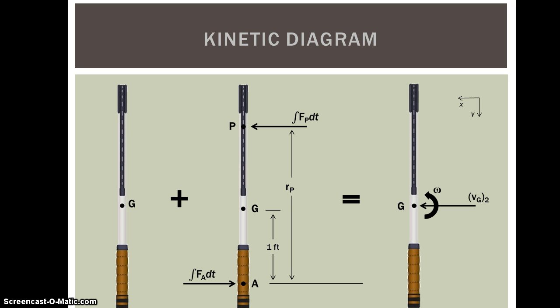Just as important as the free body diagram is the kinetic diagram, to portray what equations are going to fit where and what kind of end results we're expecting from the different equations.